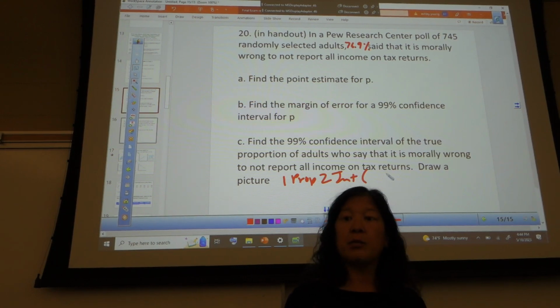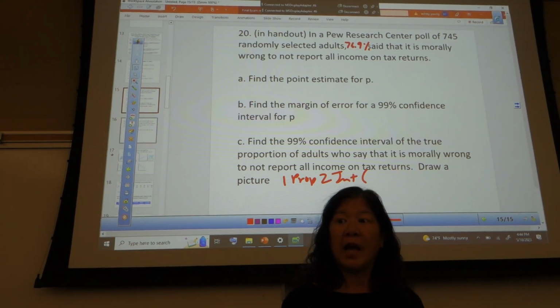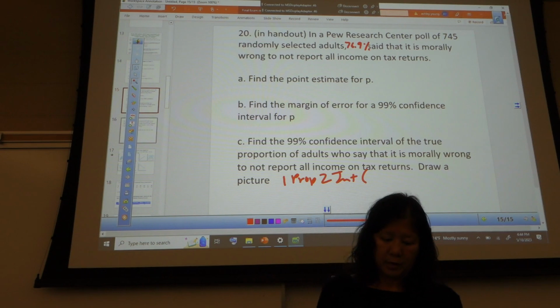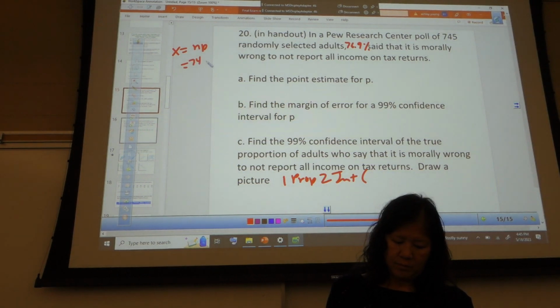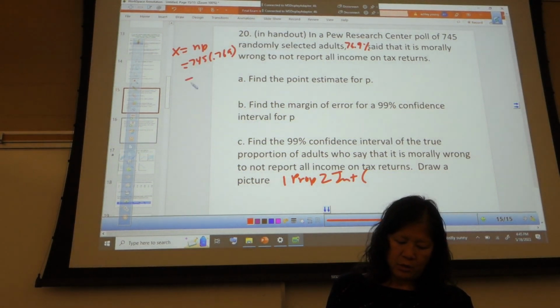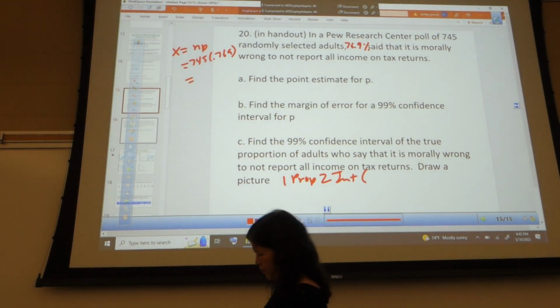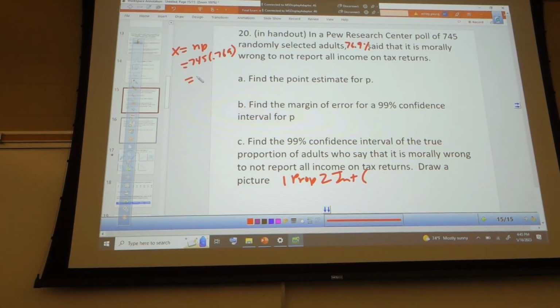That's x. It's the number of people who said yes. How do I find that? You would multiply 745 times 0.769. Perfect. And when I do that, I get 572.9.